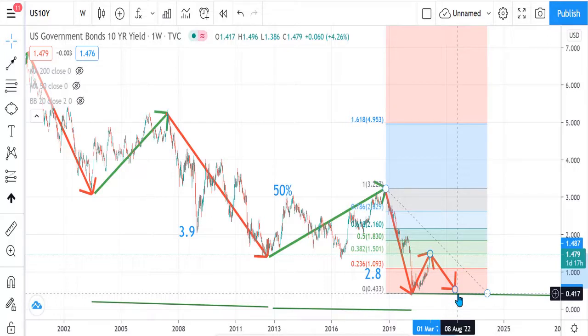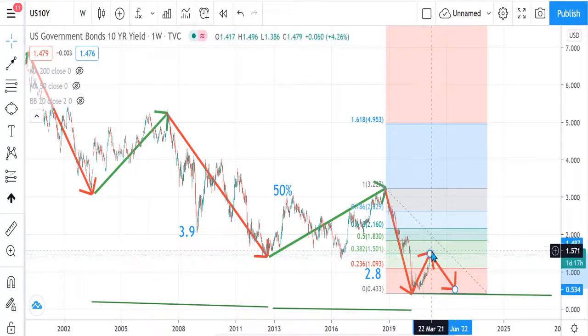In my opinion, it may stop somewhere around 38.2%, because there's a huge resistance, as we saw earlier. But let's see how far it is going to go.